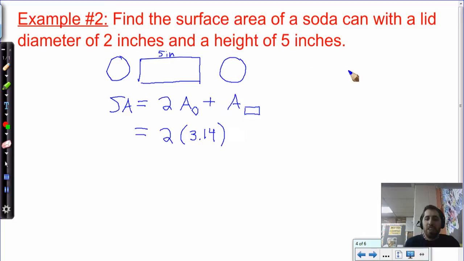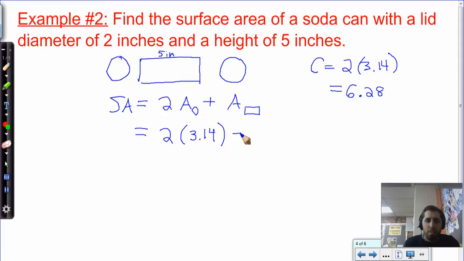That's the circumference. So we need to do 5 times the circumference. And what's the circumference? It's the diameter times pi. So in this case it's 2 times pi, or 2 times 3.14. Hopefully you can do that mentally. That'd be 6.28 inches.